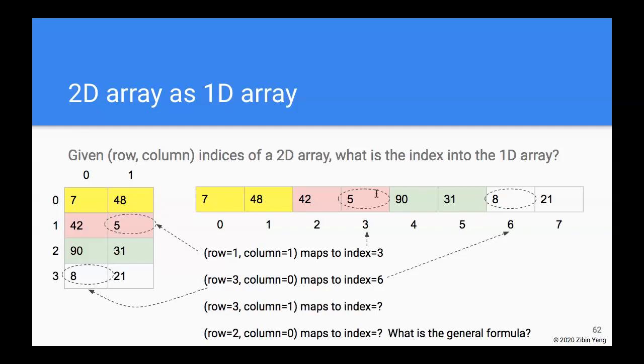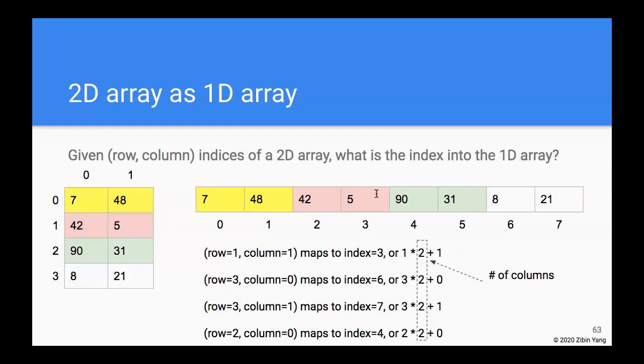Okay, so I hope you have had some time to think about it. And here's my answer. Row 3 and column 1 maps to 7, and row 2 and column 0 maps to index 4. So if you look at all the rows and columns here and the indexes here, the index is really just the row index multiplied by the number of columns, or how many elements there are per row, right?